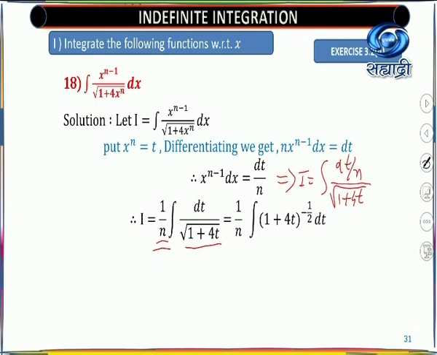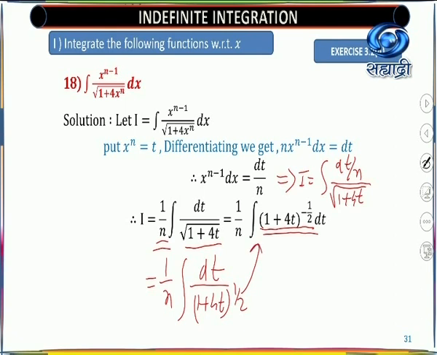Now this is in the denominator. So what way you will write? This is 1 upon n integral dt upon 1 plus 4t raised to half. And if it is in the denominator, if it goes to the numerator, its power becomes negative. So from here you will get this step: 1 upon n integral 1 plus 4t raised to minus half dt.